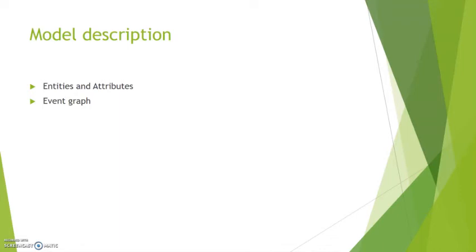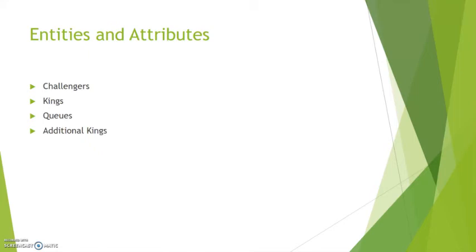In our model description, we will briefly talk about the entities that appear in our simulation, and then we will run through the event graph. First, let's describe our entities and enumerate their attributes. Our model encompasses 4 physical and permanent entities: the challengers, the kings, the queues, and the additional kings.